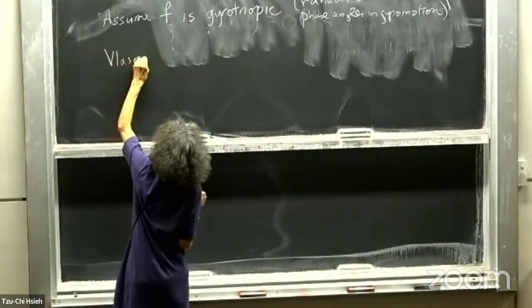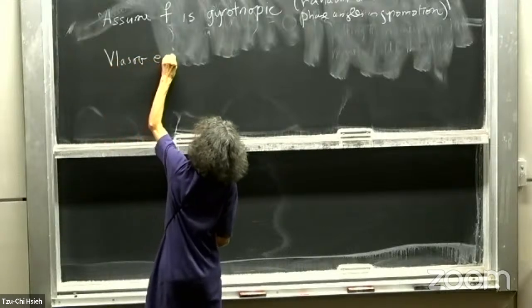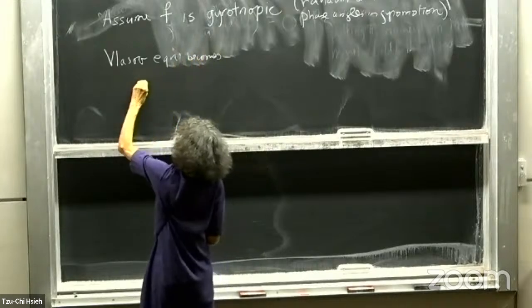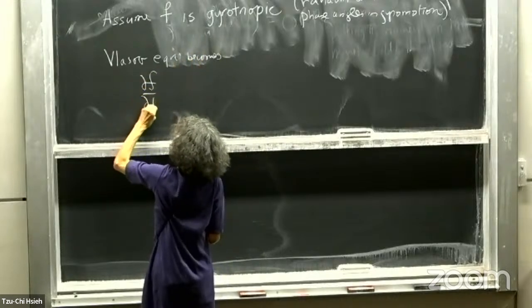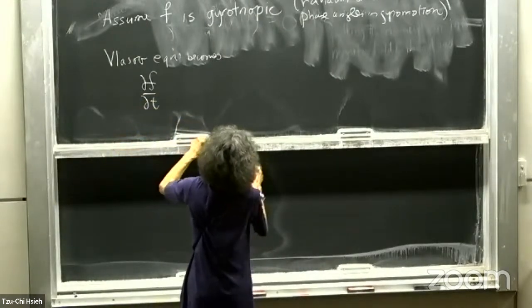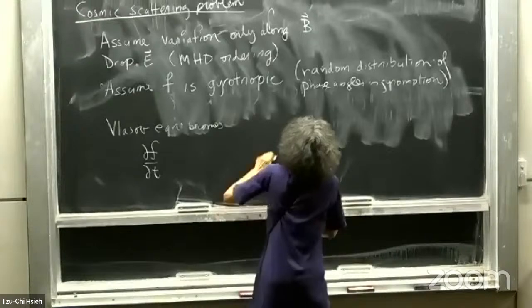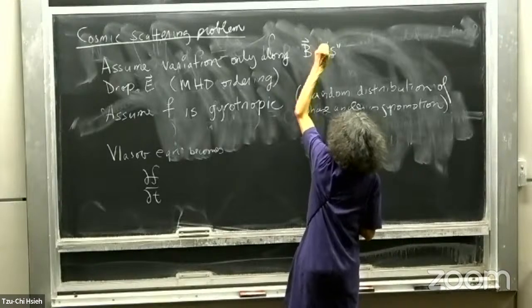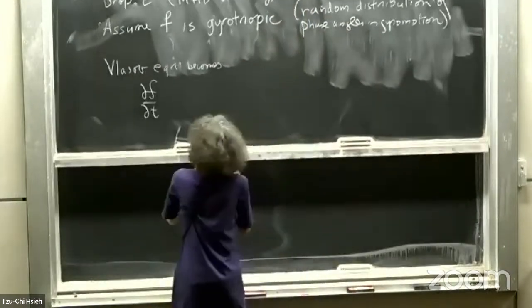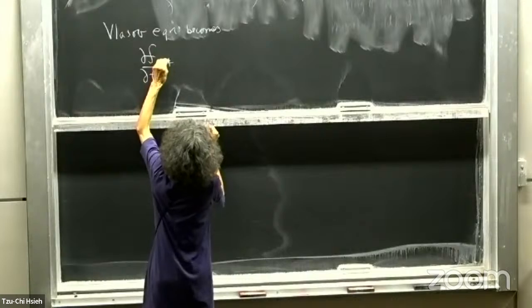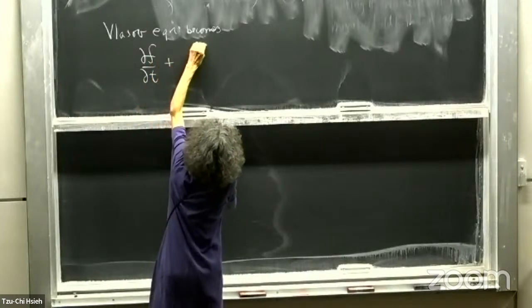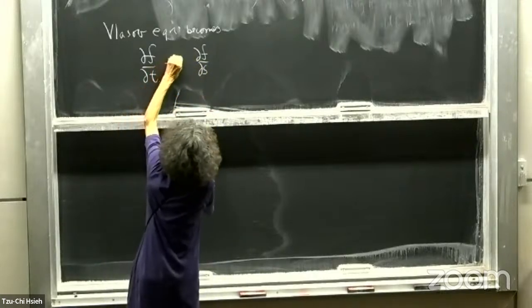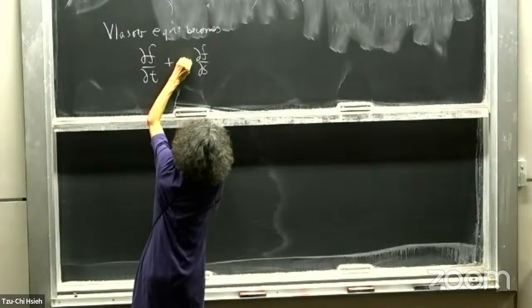Under those conditions, if we assume these things and drop E, our Vlasov equation becomes partial F, partial t, let me write that as the S direction, plus, and now things only vary along the S direction. So the only component of the velocity that comes in is the parallel velocity.